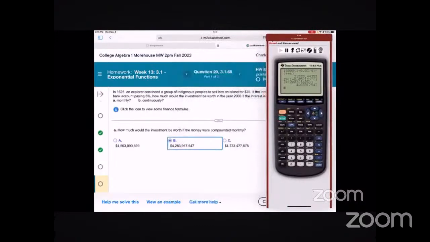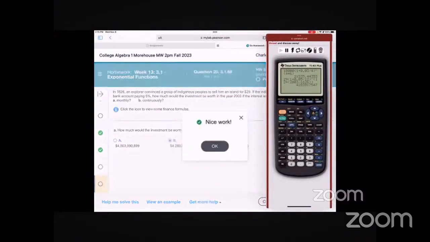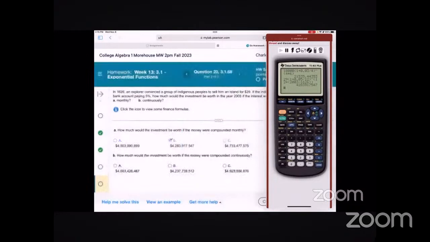All I did was plug this into the compound interest formula with the given conditions. And then for part B, because it's continuous compound interest, that means we use PERT, A equals P e to the rt. So then our principal is 29.